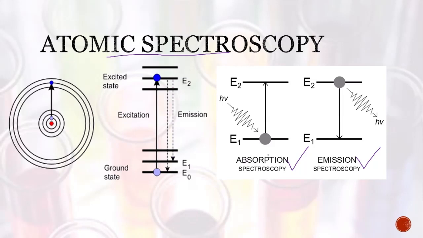Absorption spectroscopy is when, after irradiation, we have a transition from a lower energy level to a higher energy level. Emission spectroscopy is when, coming from a higher energy level, some radiation is released and the atom goes back to a lower energy level.